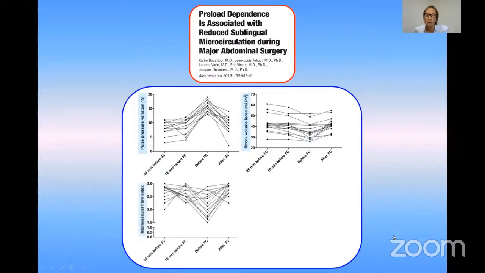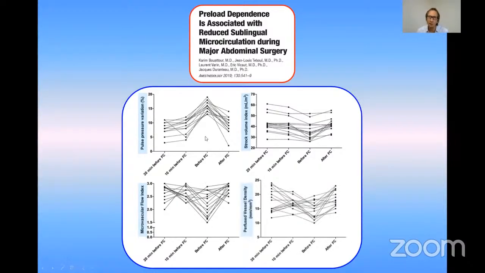We also measured variables of the microcirculation of the sublingual territory using the same technique as described before. And again, the microvascular flow index decreased during the episode of instability, paralleling the increase in PPV, and also the same for perfused vascular density, which decreased during the episode of hemodynamic instability, and all the microcirculatory variables improved after fluid challenge.